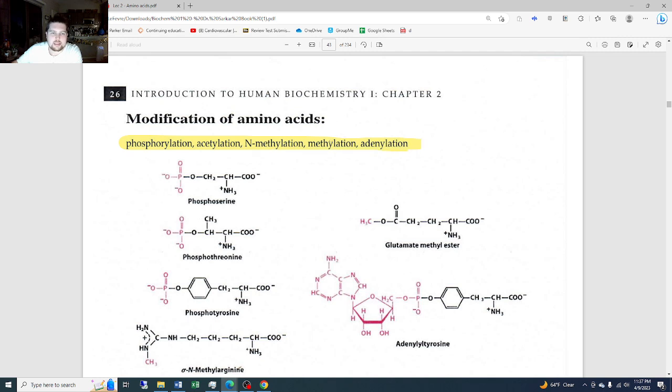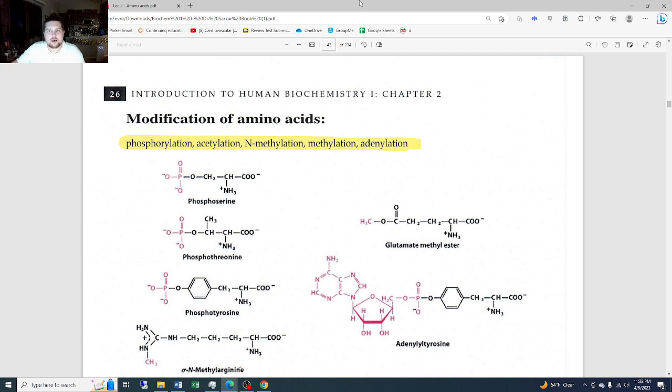And understand these words, what they mean. Phosphorylation is going to add a phosphate group. The acetylation is going to add that acetyl group. The methylation will be adding the methyl group.